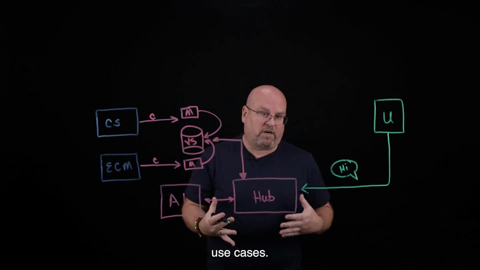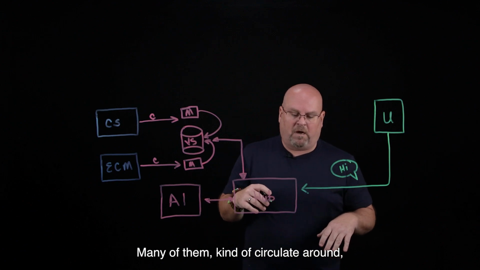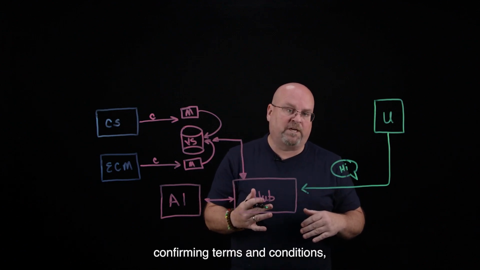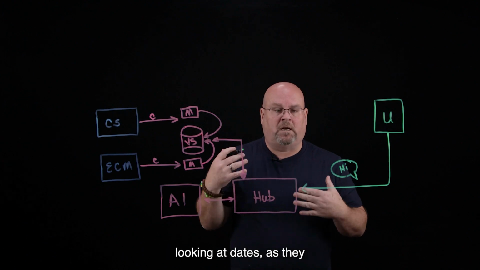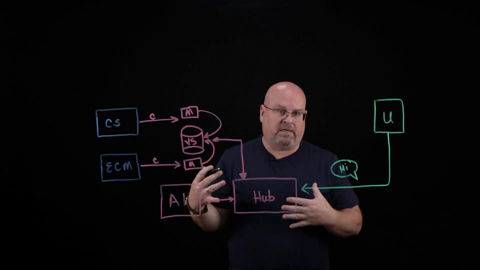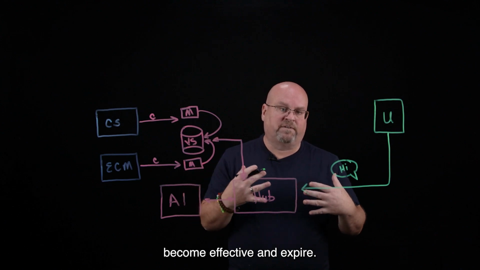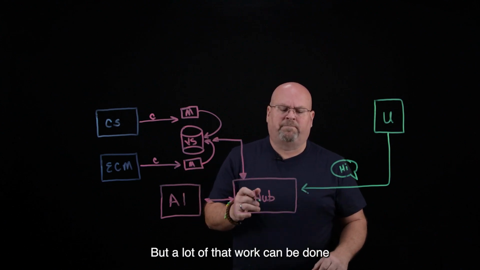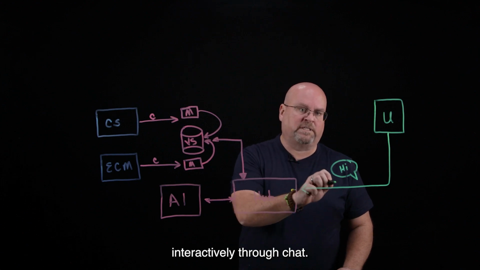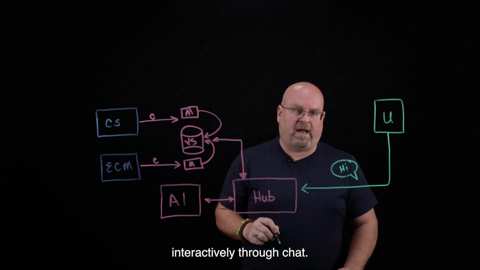Now, there are multiple contract use cases. Many of them kind of circulate around confirming terms and conditions, looking at dates as they become effective and expire. But a lot of that work can be done interrogatively through chat.